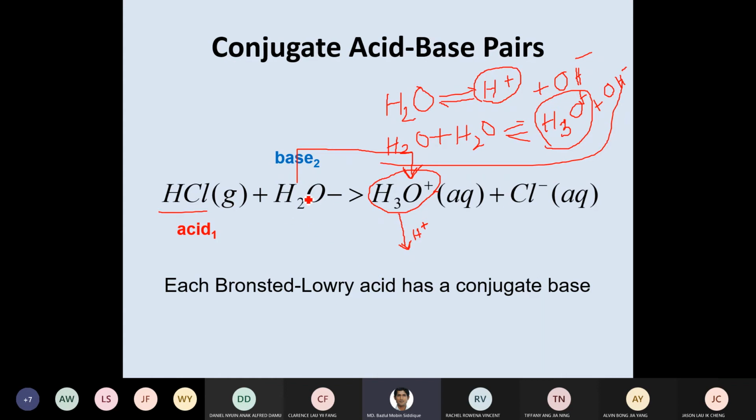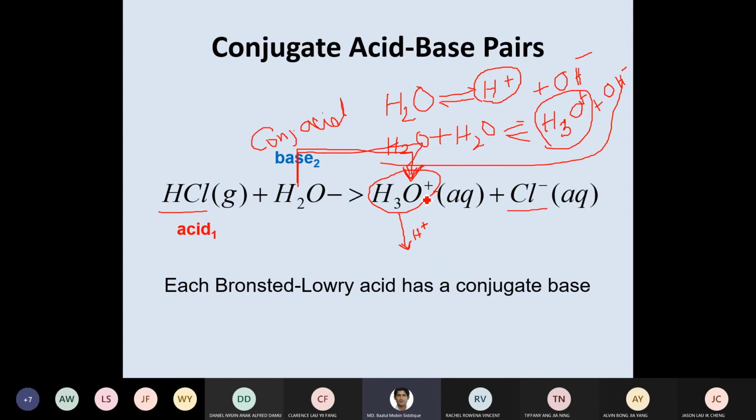And that is why it is a conjugate acid of this base, because it came from this base, mostly H2O. So that means it has H3O now. That means most of it is from this base. So this is a conjugate acid of this base.